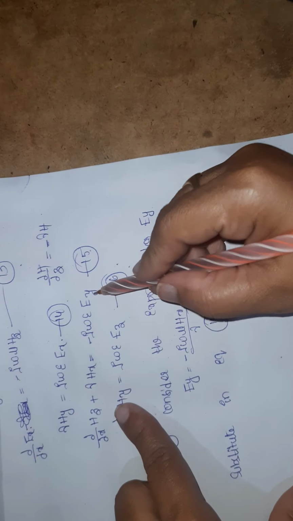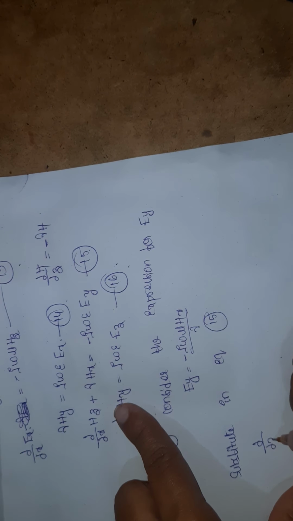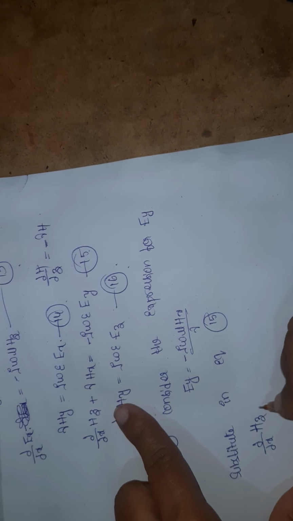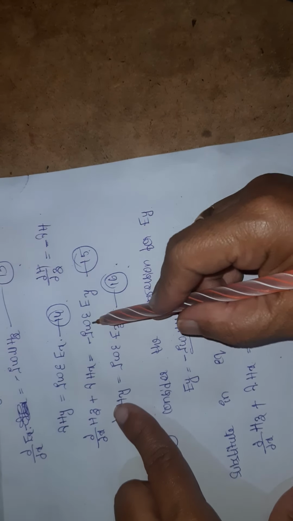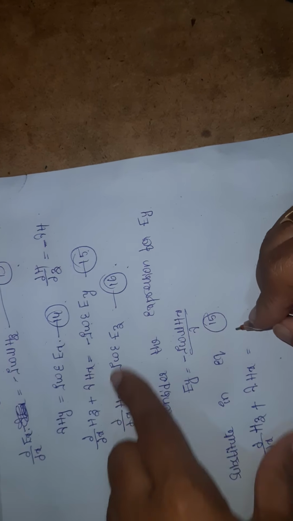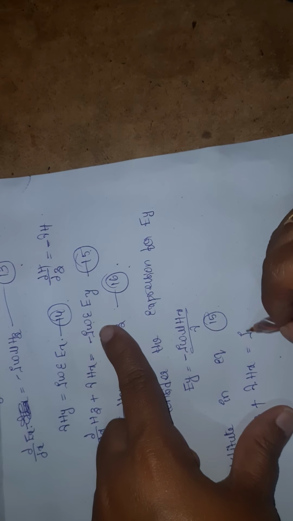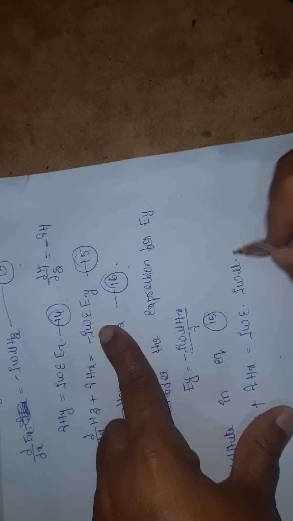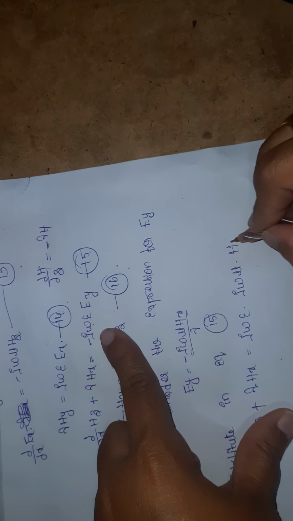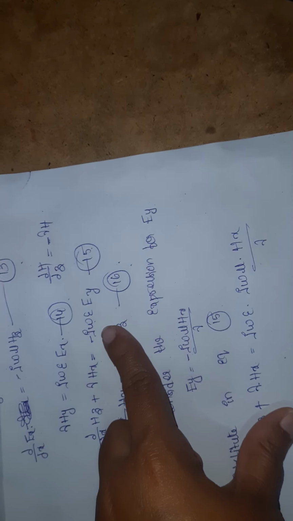If I substitute in equation 15, ∂hz/∂x plus gamma hx is equal to minus will become plus, and j omega epsilon into j omega mu into hx by gamma.